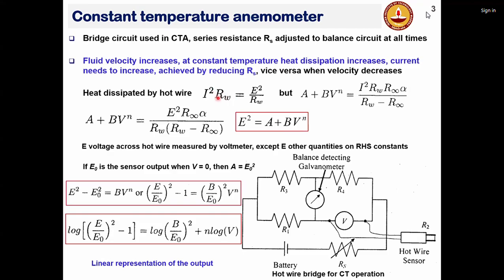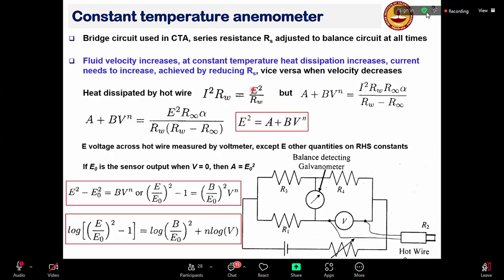So this I squared RW can be written in terms of voltage. I can be written as the voltage E divided by RW, and then RW is multiplied here, so you get E squared over RW. This I squared RW needs to be substituted in the basic hot-wire equation.